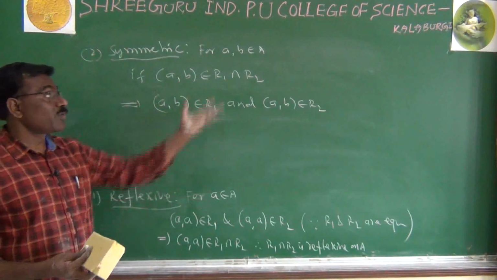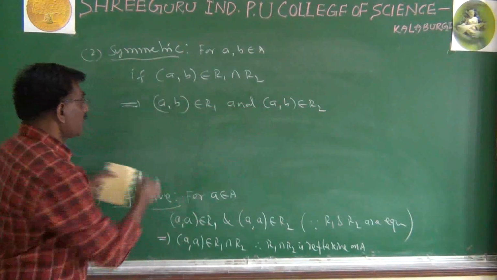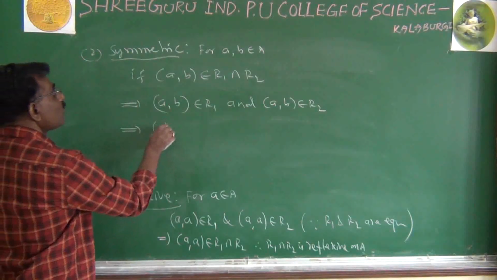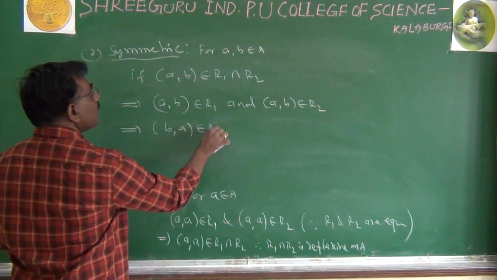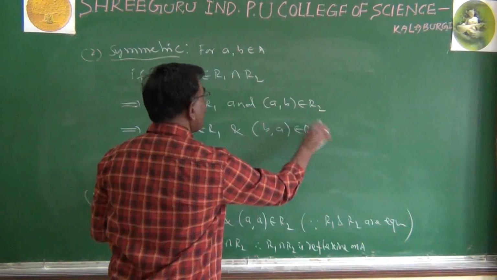So the reverse must also be in the intersection. It implies b, a belongs to R1 and b, a belongs to R2.